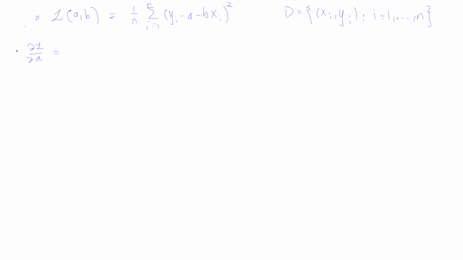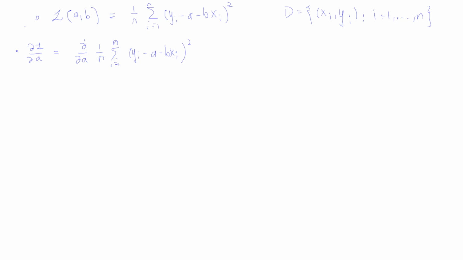Hopefully you should see that this is just a simple application of the chain rule, because when you take the derivative of 1 over n, sum from i equals 1 to n, of (yi minus a minus b xi) squared, the derivative can be pushed inside the sum.